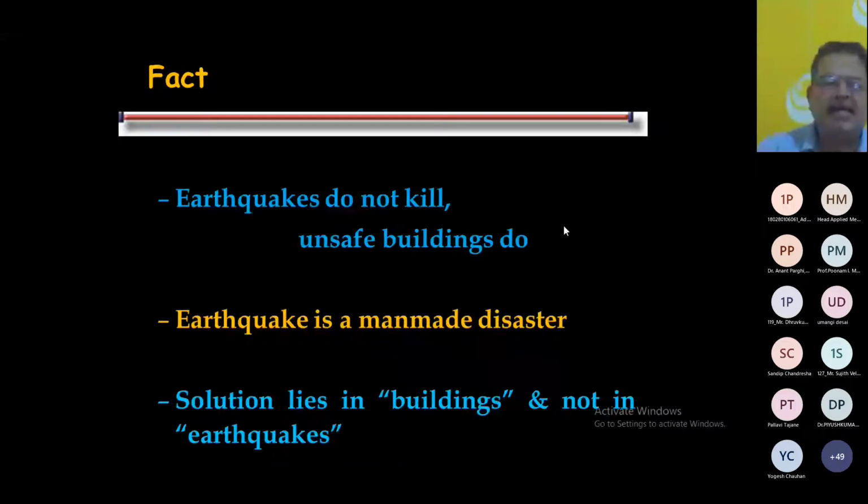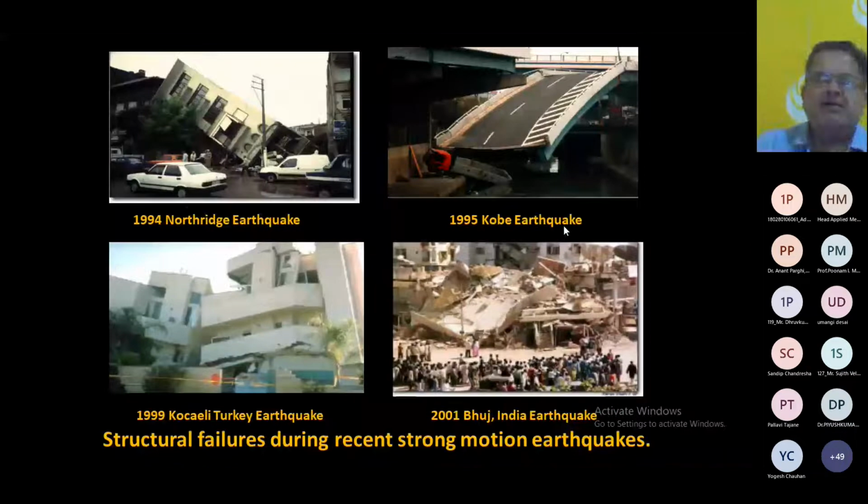We have seen this slide, and we said that in previous earthquakes we have seen tremendous failures, right? Whether it's America or Japan or Turkey or India. During these earthquakes, we have seen failures of structures like bridges, buildings, and many others.